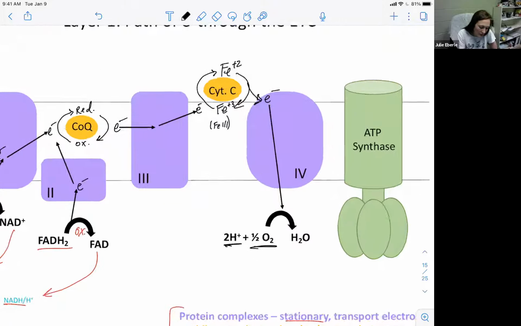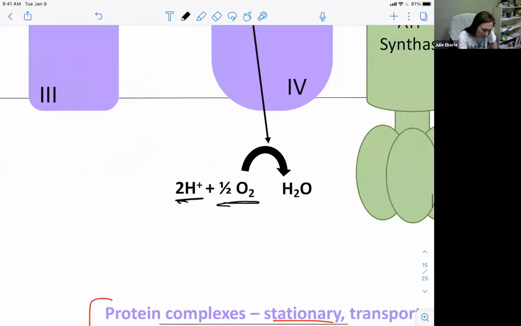Now, this might look a little confusing to you. You might not have seen something like this before. We have a 1/2 in front of this oxygen atom, just to indicate that it's 1 atom of oxygen. Okay, we breathe in a molecule of oxygen, but that oxygen is then split in half into 2 individual oxygen atoms, and both get 2 hydrogen ions, and we make 2 molecules of water.